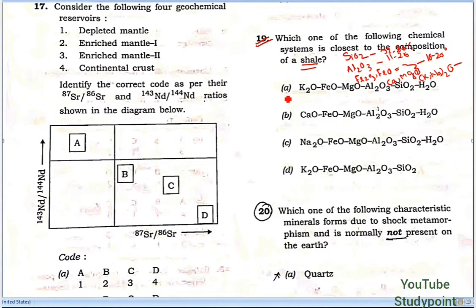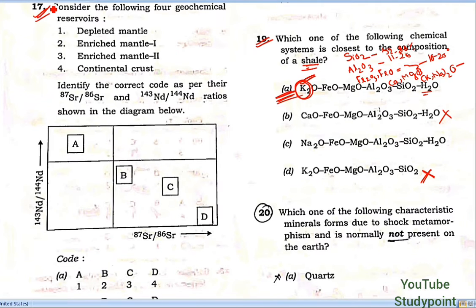So here the main component is potassium. Using the AFM diagram, we conclude that the right answer is option A, because it contains water, so option D cancels out. From these three options, this one also cancels out, because here there is no K2O. Here is Na2O and K2O, but more important is potassium or K2O. Right answer is option A.